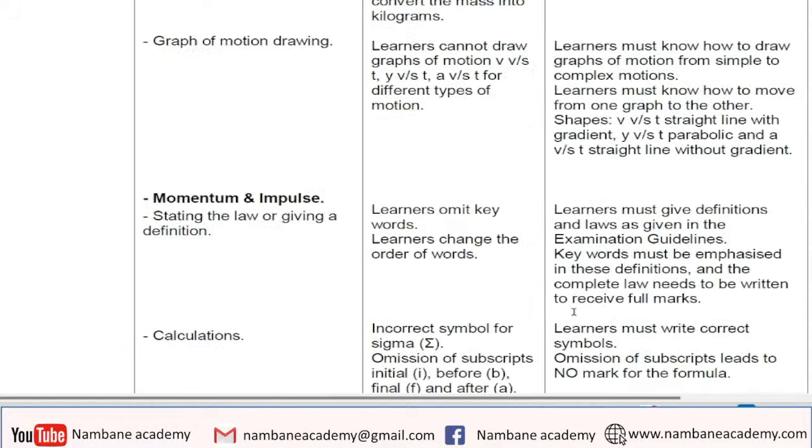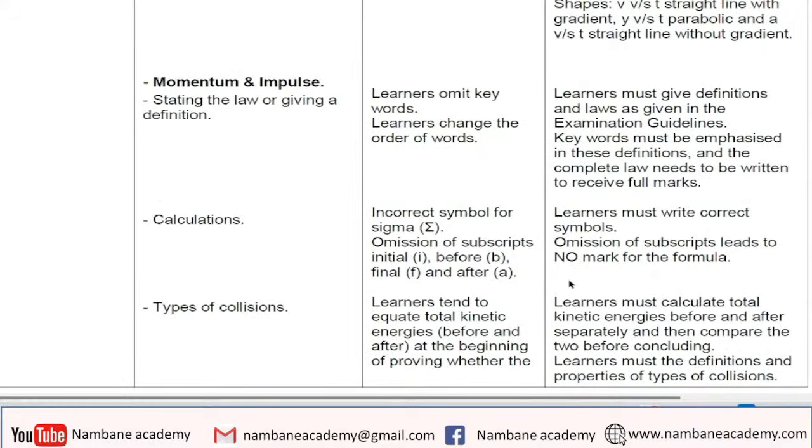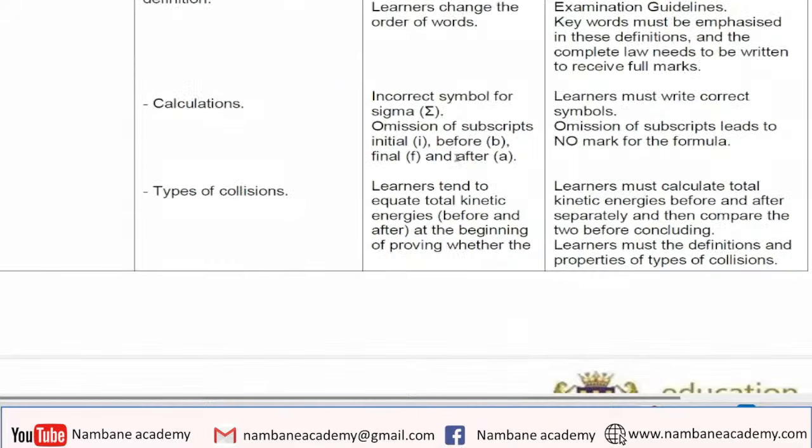And then we can move on to momentum and impulse. I've already talked about the laws, the definitions and calculations. Here, the symbol for sigma, guys. Sigma, let it be clear. Some of our learners will write an E instead of a sigma. That is not a sigma. If you write an E instead of a sigma, then it is wrong. And I'm going to say something that might seem very harsh, but it is correct science.